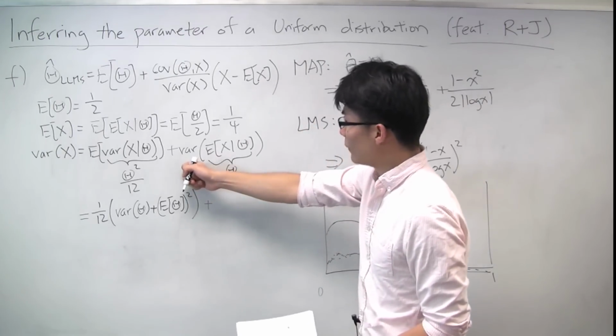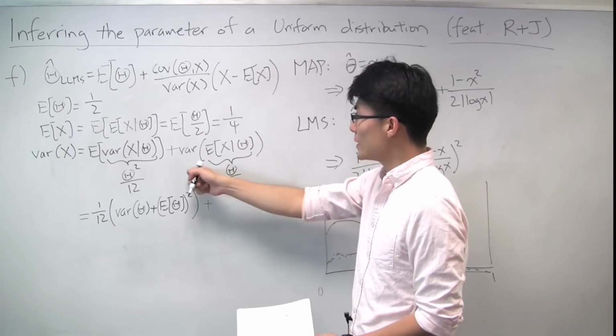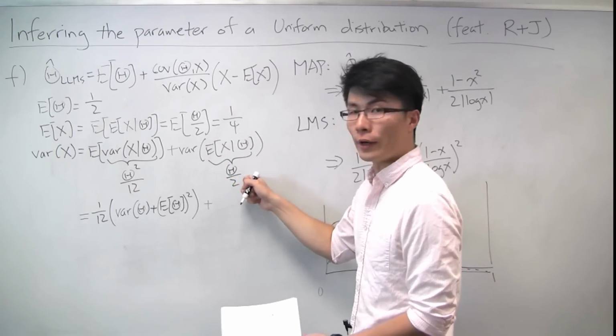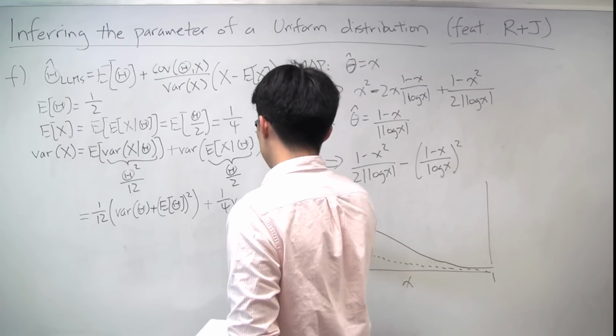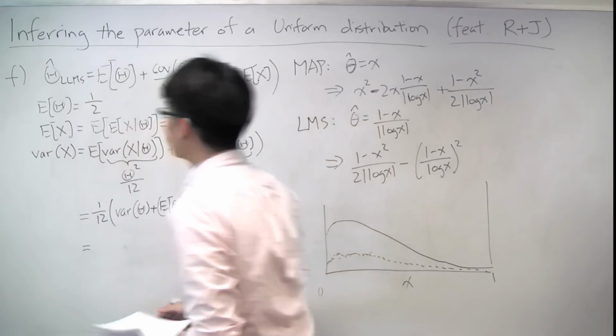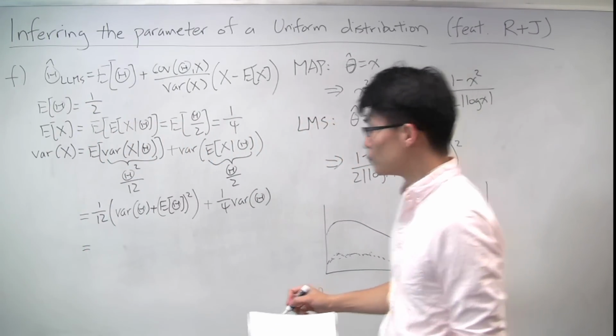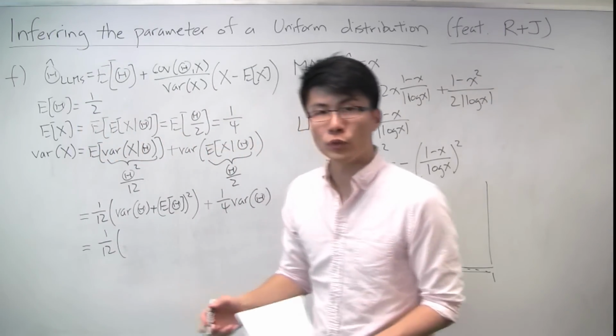Now the second half is the variance of theta over 2. Well, remember when you pull out a constant from a variance, you have to square it. So this is just equal to 1/4 times the variance of theta. All right. Well, what is the variance of theta? The variance of theta is the variance of uniform between 0 and 1.